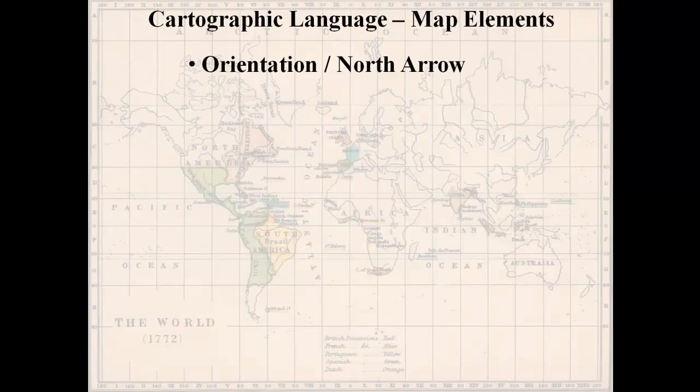North arrow. If you can believe it, cartographers get into debates about whether north arrows should be included in maps. In general, most people think of up as north on a map. But in many cases, to get the orientation of what you're trying to show to fit the presentation format of your map, let's say it's 8.5 by 11 landscape, north is not up, and you're going to need to include a north arrow.